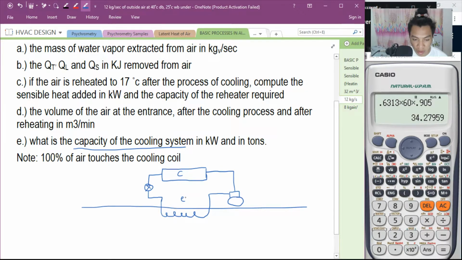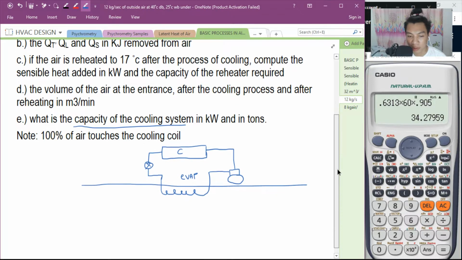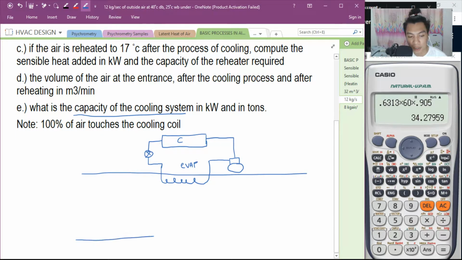And then the evaporator. What is its capacity? Now, in refrigeration, what does it do? Does it give off heat? No. Actually, in a refrigeration system, it takes off the heat from the body it comes in contact with, like the air. Your refrigeration system absorbs it.